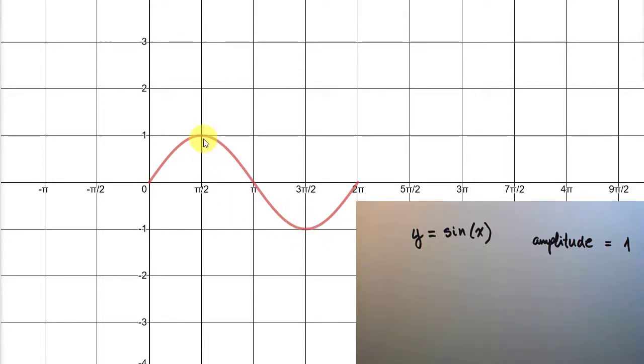That height of the wave is 1, and that's what it means by the amplitude being 1. That's just a quick review of the terminology.